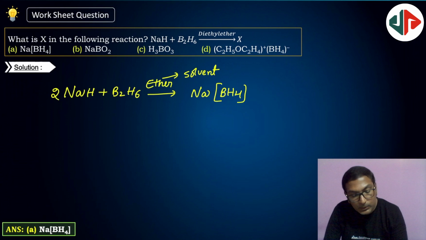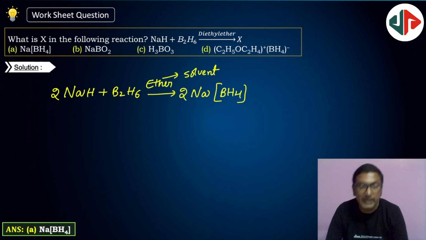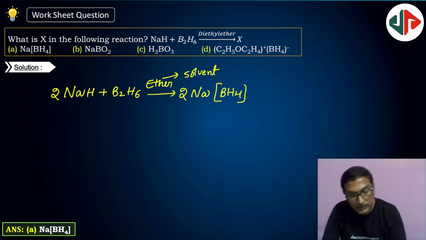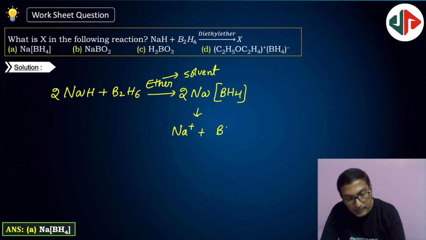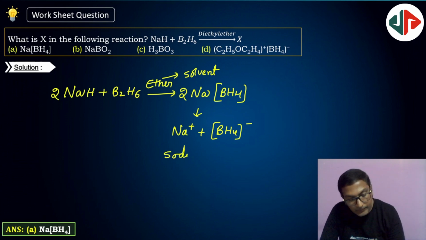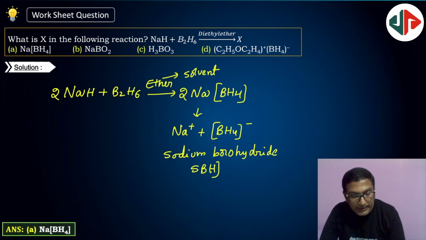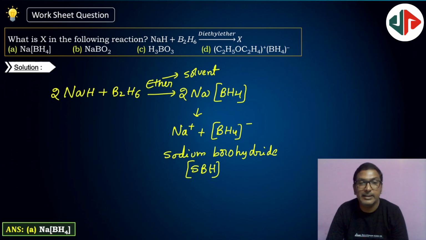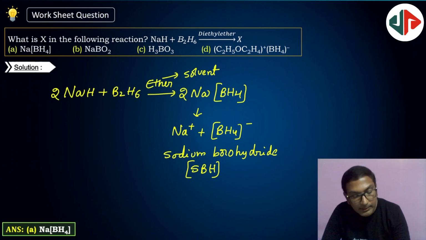Balancing, 2NaH plus B2H6 gives 2 moles of NaBH4. This compound is ionic in nature, Na plus and BH4 minus, NaBH4, which is sodium borohydride. Sodium borohydride, SBH, is a powerful reducing agent. So option A.